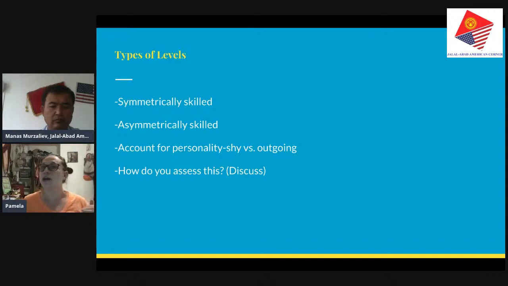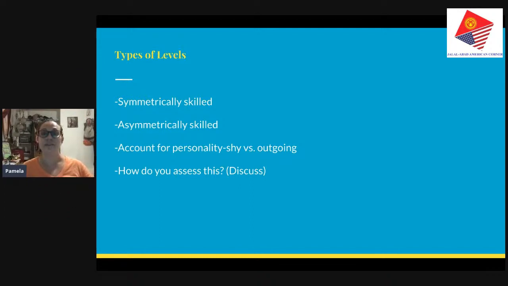If they are at absolute beginner for reading, they will also be there for speaking, writing, and listening. So all of the skills will be symmetric, they will be equal. This happens at any level also. You can have somebody advanced where their writing, speaking, listening, and reading are all at the same level.